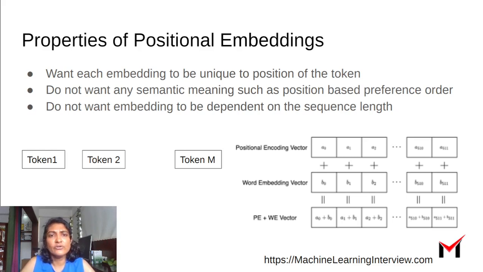So whatever I described earlier is also based on the sequence length. We do not want the embedding to be based on the sequence length, and irrespective of the kind of sentence I come up with, we only want it to depend on the position of the token. That's what we want here.